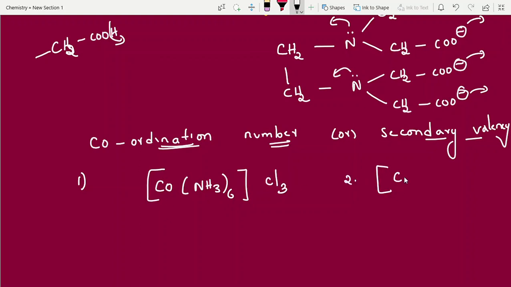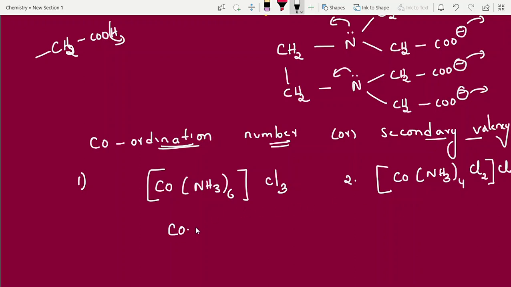And another coordination complex: NH3 4 times, like this. Here what you observed: here 3 chlorines outside; here 1 chlorine outside, 2 chlorines inside. What is the coordination number here?